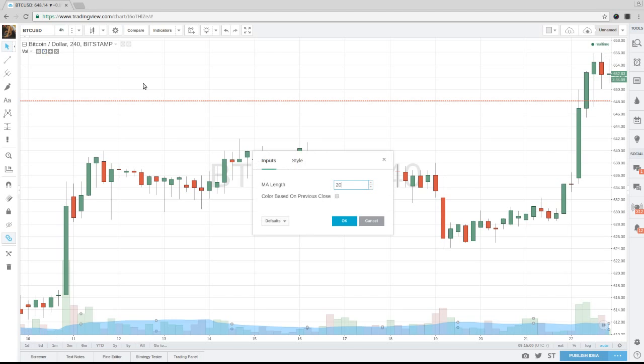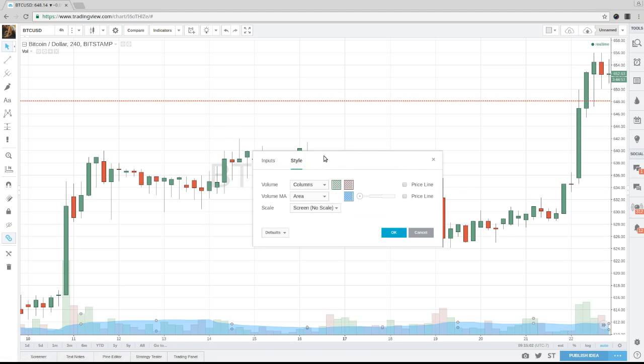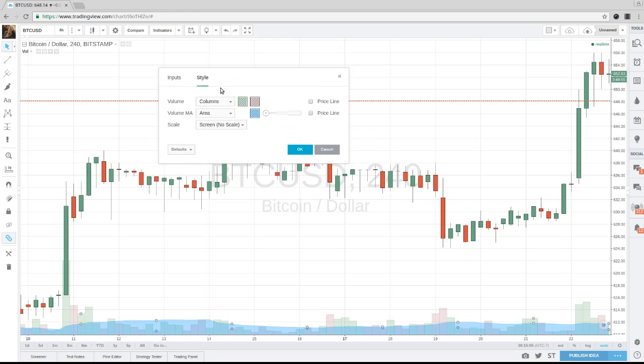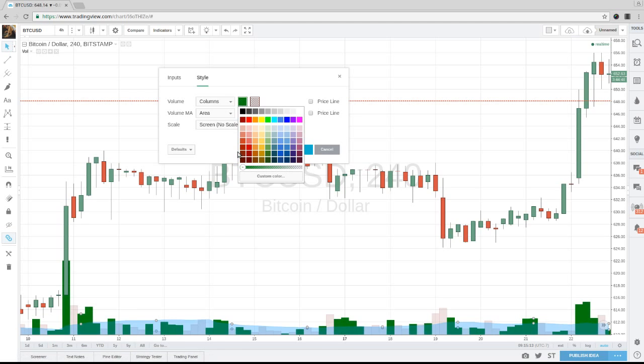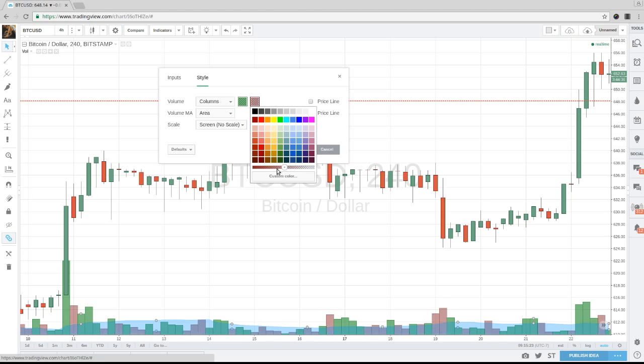If you really wanted to, you could go to Style, and this is Style for Volume, and you could click on this color. You can see that it's pretty much all the way over here to transparent. So if you wanted to make it more visible, you could. If you're using volume a lot, you're probably going to want it like around here. And maybe you want your red to be similar to that.